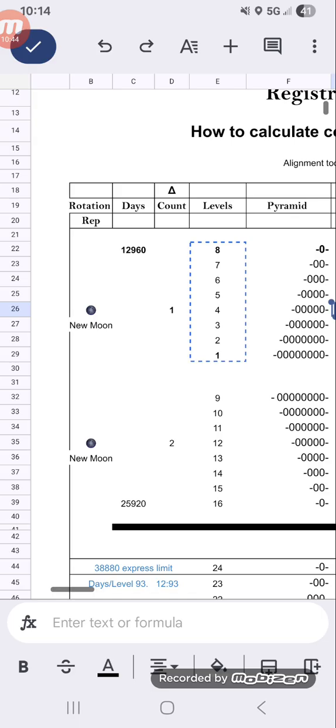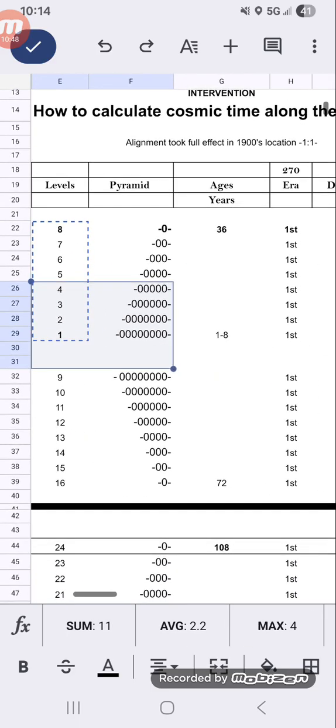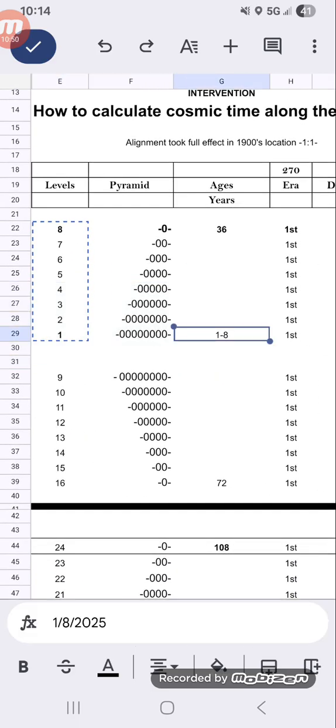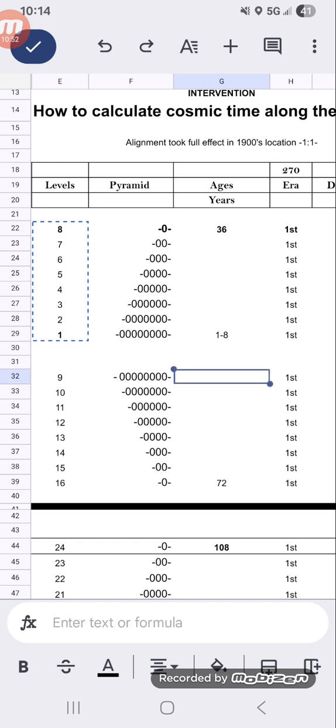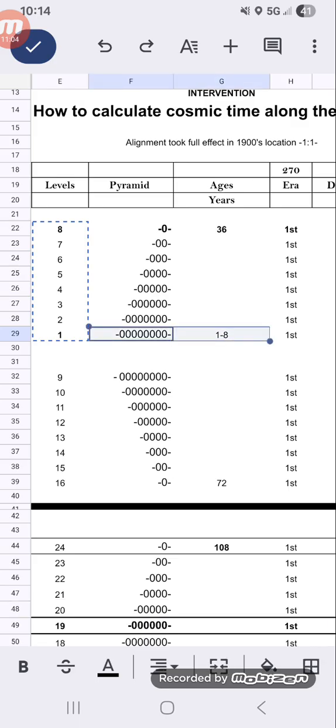So at this new moon, the new pyramid here, we started at number 1. But if I start this of how to put the years in here, let's say I want to start at 1901 to 1908. The bottom level has 8 numbers.